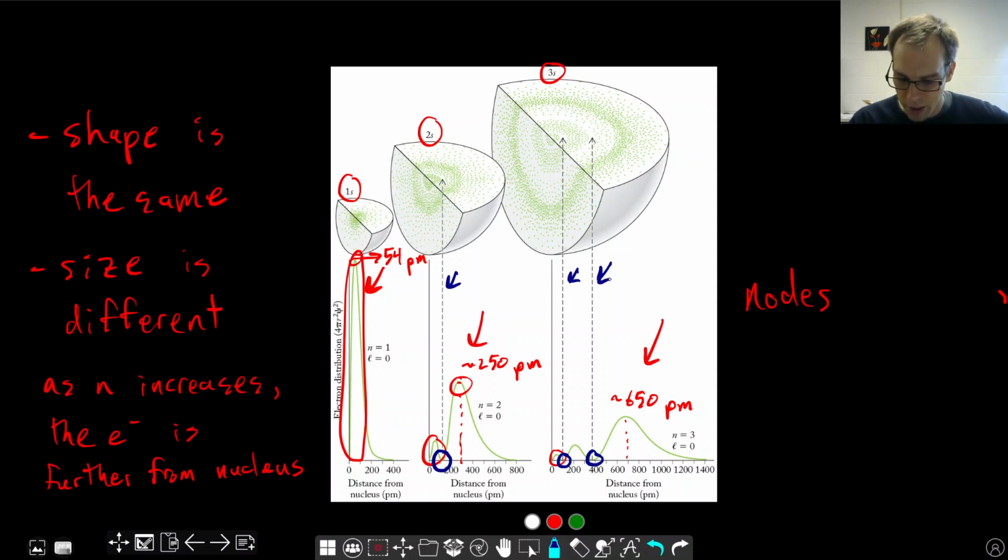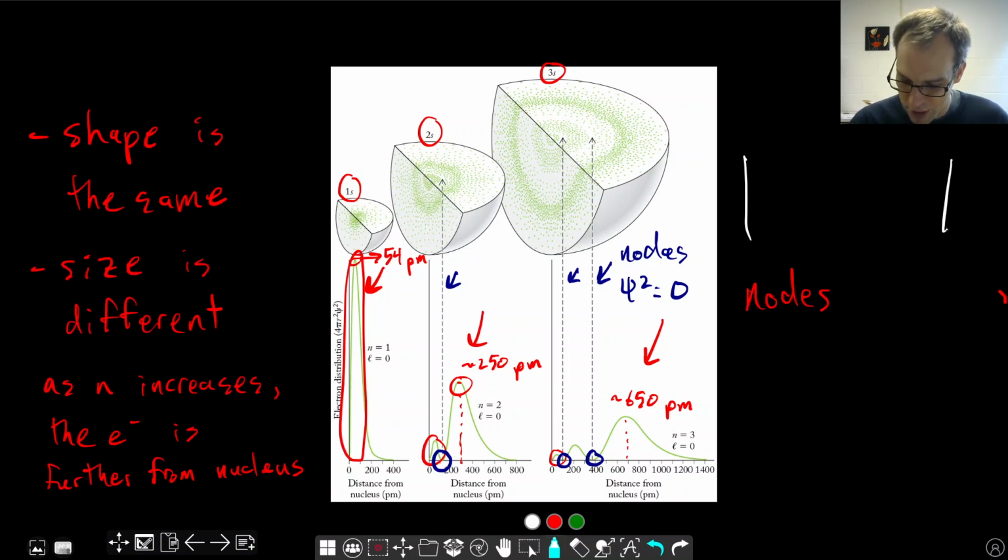These are the nodes. These are areas where psi squared is equal to 0, meaning the probability actually goes to 0. And if we're thinking about a wave, like a standing wave, which is what electrons are, they are waves as well as being particles, right? They have that wave-particle duality. That's what all this quantum mechanics stuff is about.